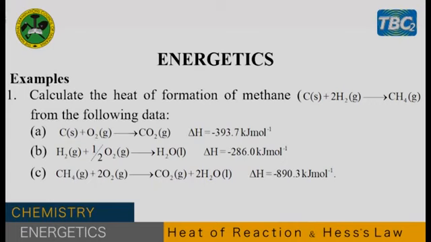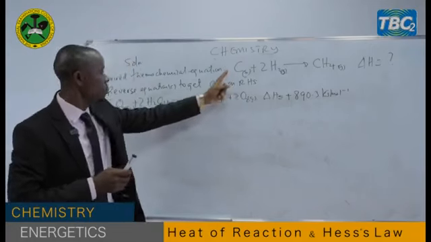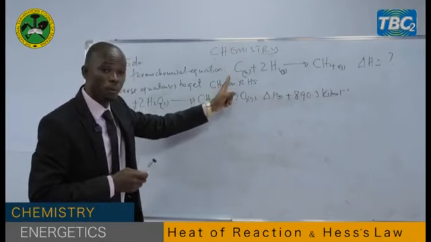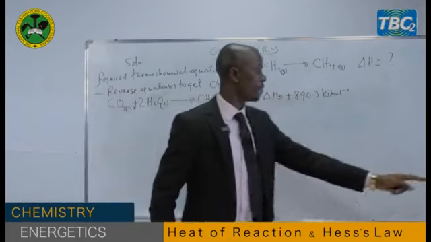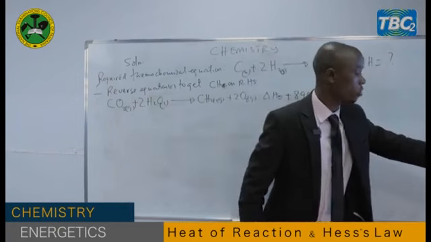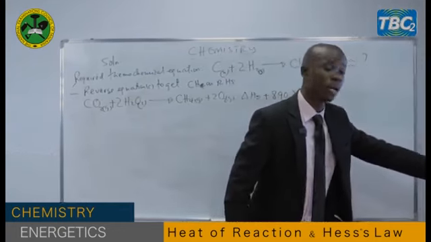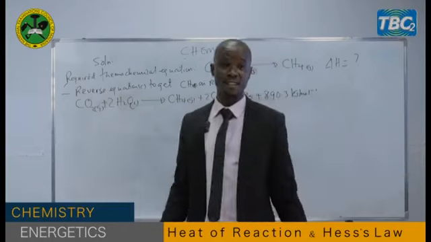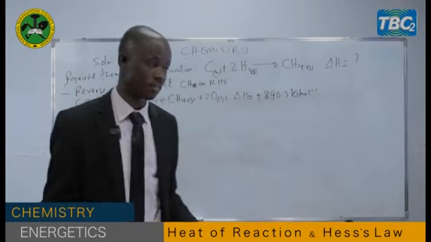Carbon solid and oxygen gas to get carbon dioxide. So in the required thermochemical equation, carbon is 1 mole. In the given thermochemical equation, also carbon is 1 mole. So there is no need of doing anything. You just write it the way it is.